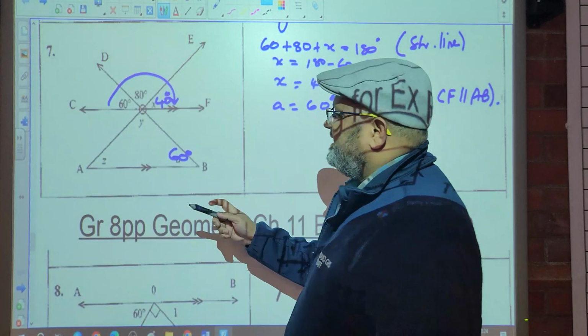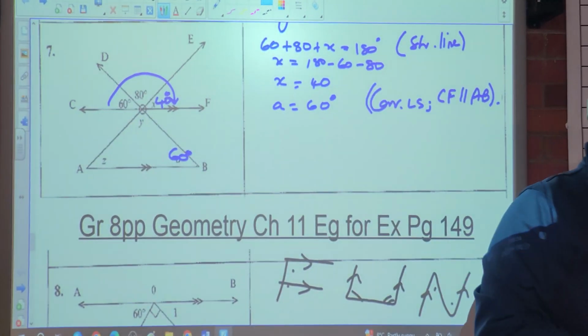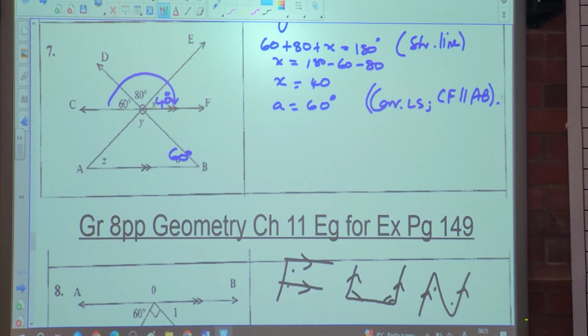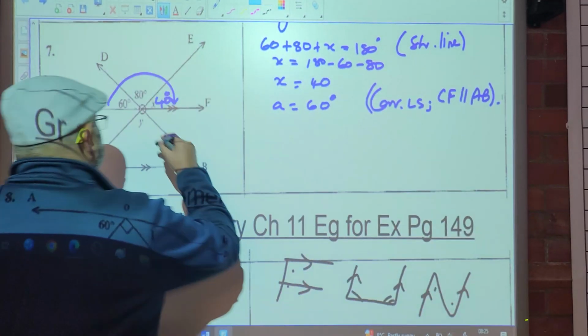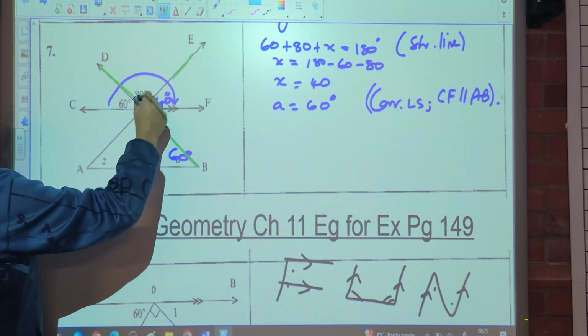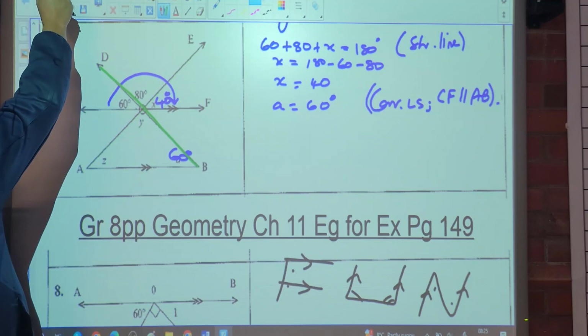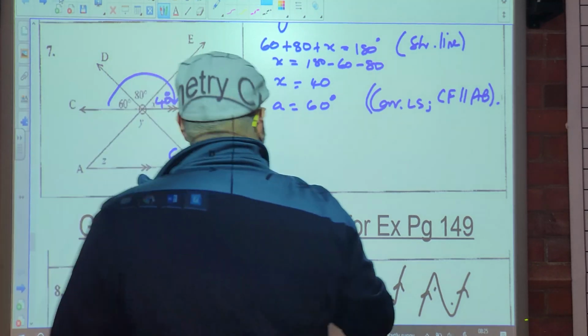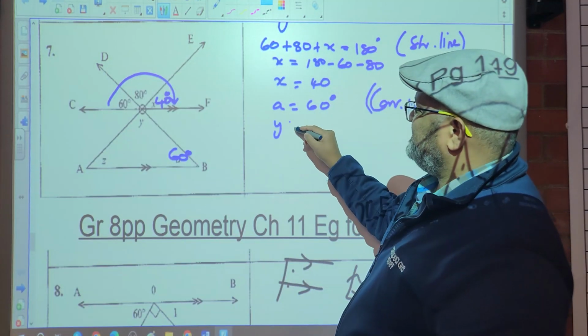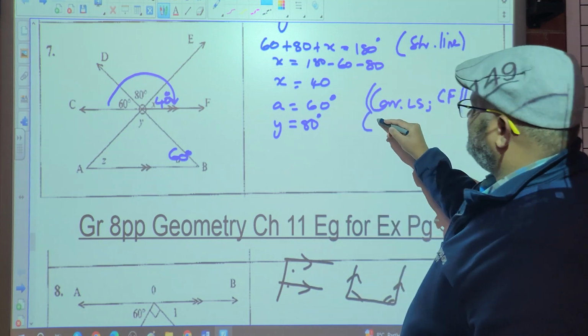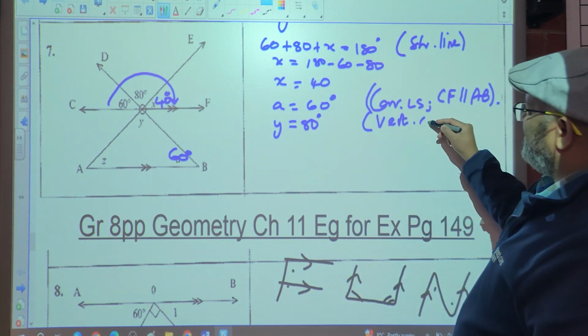How are you going to calculate y? 80 is vertically opposite to y. Can you all see that? These two straight lines and the vertically opposite angles are equal. So y is equal to 80 degrees, vertically opposite angles.